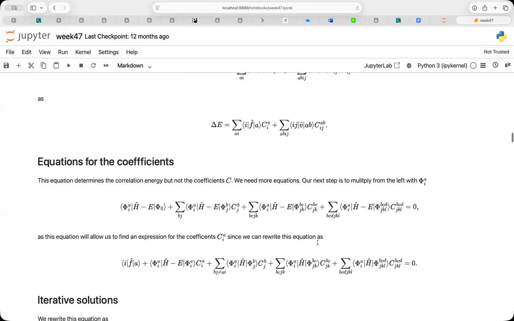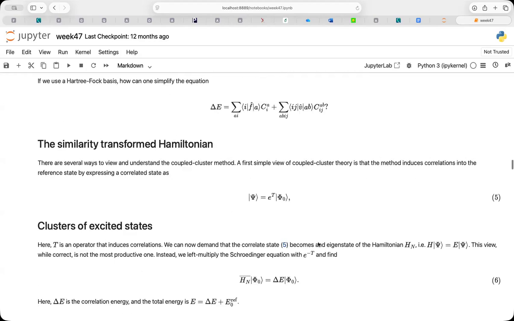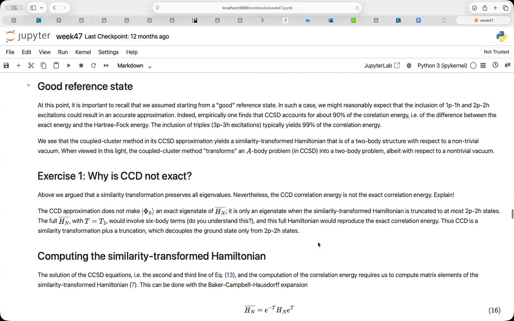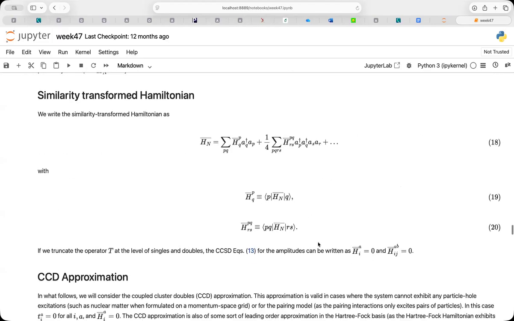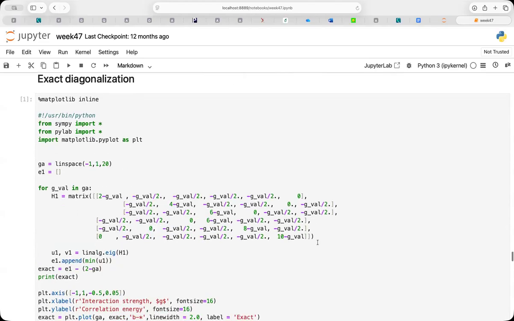And at the very end here, and this is more relevant if you want to include it in the final presentation, you could, in addition to the results you're getting in the second midterm, just use and run the code here. Concerning the midterm, you will also notice that there is a comparison with exact diagonalization here.